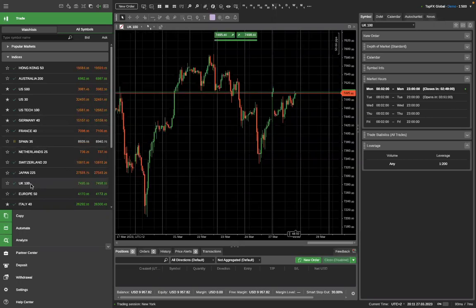As you can see, this UK 100 index has the greatest volatility, the greatest liquidity, the greatest amount of trades during the Europe session, together with the Europe 50, Italy 40, Switzerland 20, Netherlands 25, Spain 35, France 40, and Germany 40.